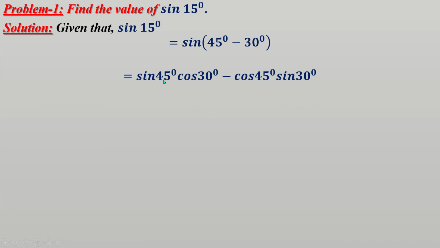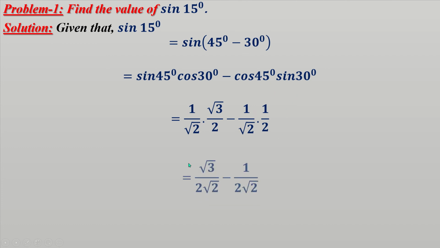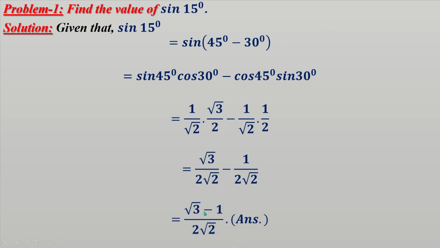But we know sin 45 degree is equal to 1 by root 2, and cos 30 degree equals root 3 by 2. Here also 1 by root 2, 1 by 2. We know this relation. Here will be 3 by 2 root 2 and here 1 by 2 root 2. Here will be (root 3 minus 1) by 2 root 2. This is the required answer.